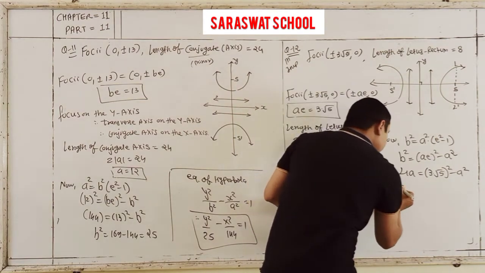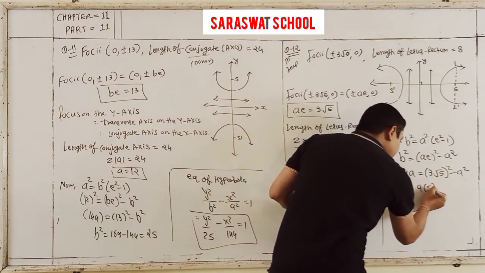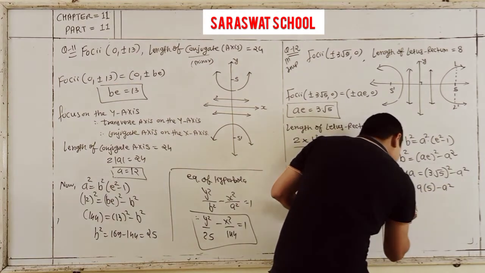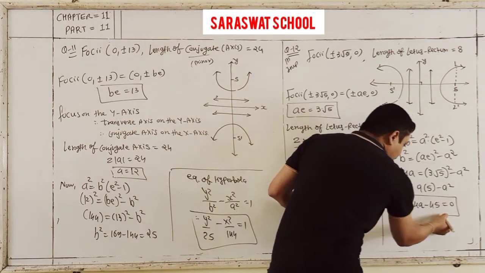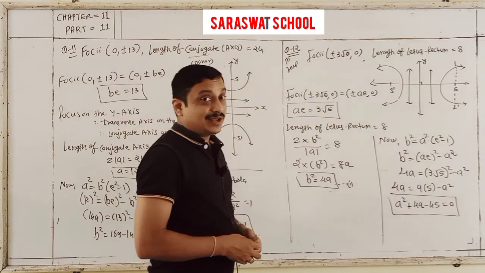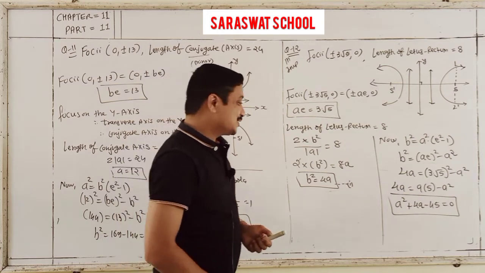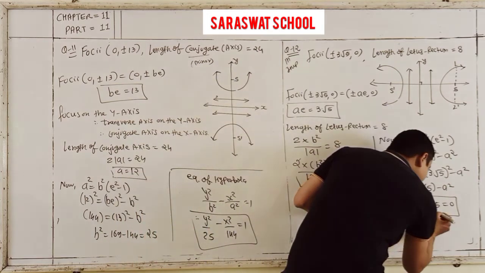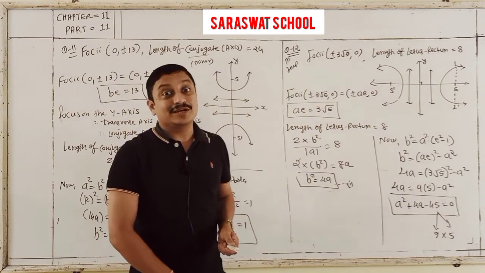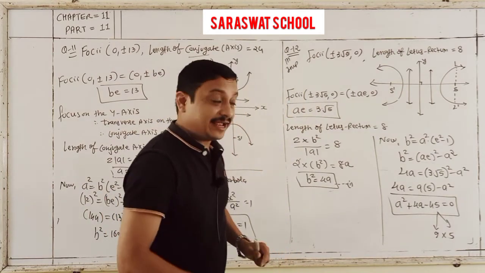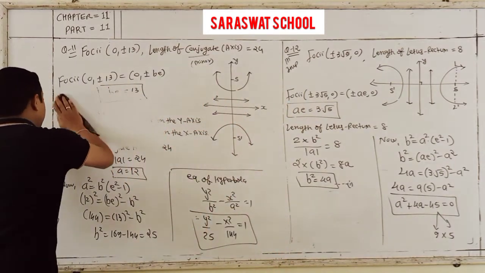So 4a, here 9 into 5, so a square plus 4a, or 9 fives are 45, and here, students, 45 splitting. You will carry a 4 value splitting, so 9 fives are 45, 9 into 5, you will surely get plus 9 and minus 5. There are 2 splittings.